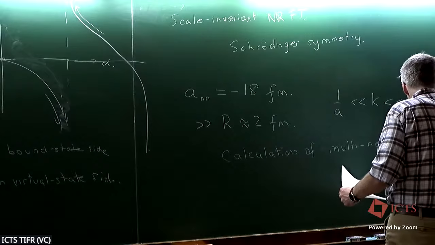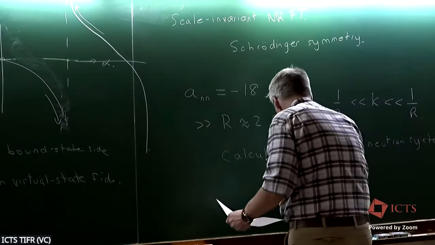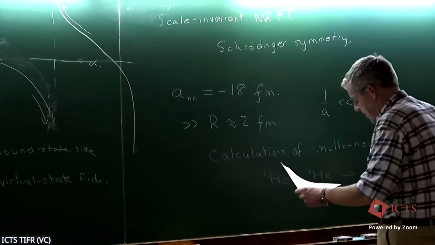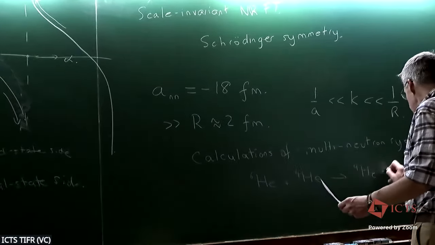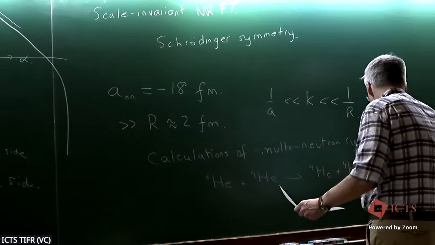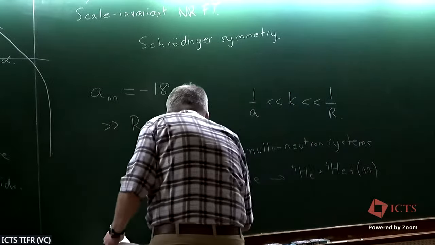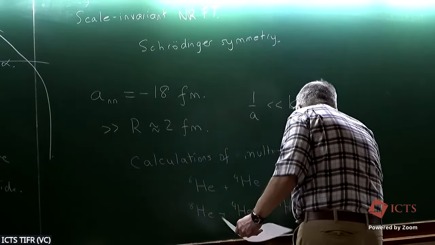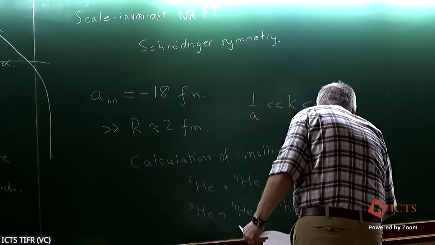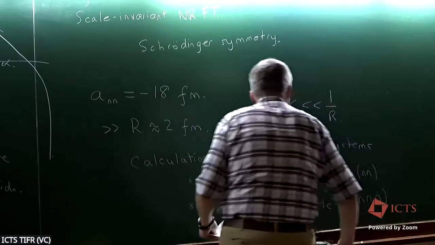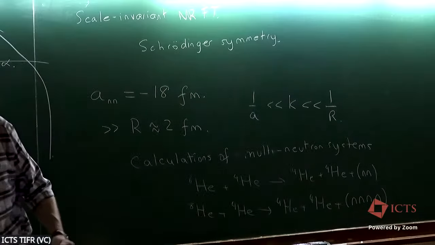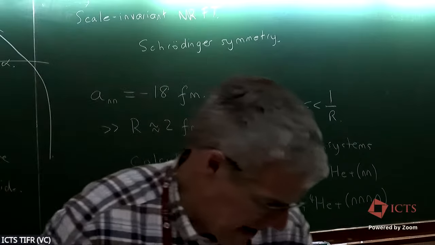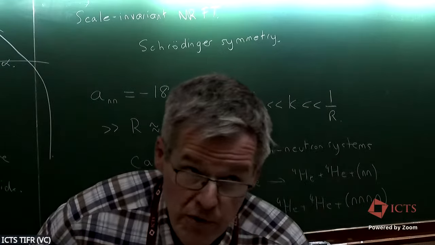The one thing that is interesting, for instance, is if you collide neutron-rich systems on an alpha particle, these experiments are done at Riken in Japan. You can produce multi-neutron systems in the final state. You can produce 2 neutron systems, 3 neutron systems, 4 neutron systems, and then measure the properties of the final state interactions where these neutrons are close to this unitarity limit. And that's an ongoing experimental program.